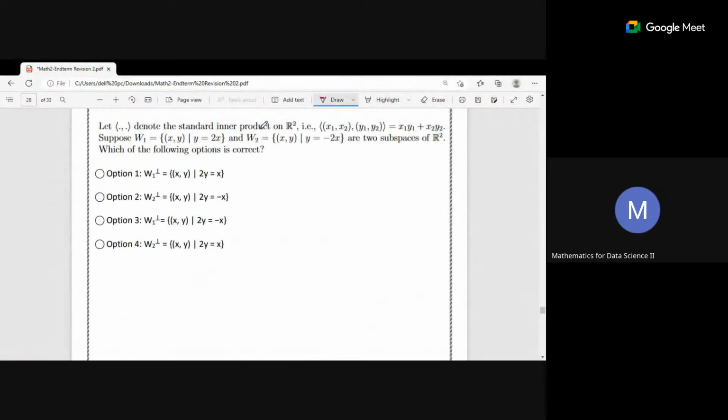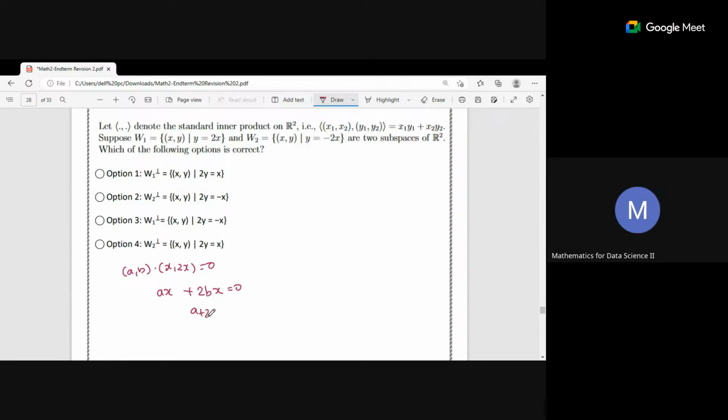Let this be the standard inner product on R2. Now W1 is this space and W2 is this space. Now what is W1-perp? How do you identify it? Let A comma B dot X comma 2X be equal to 0. It means AX plus 2BX is equal to 0.